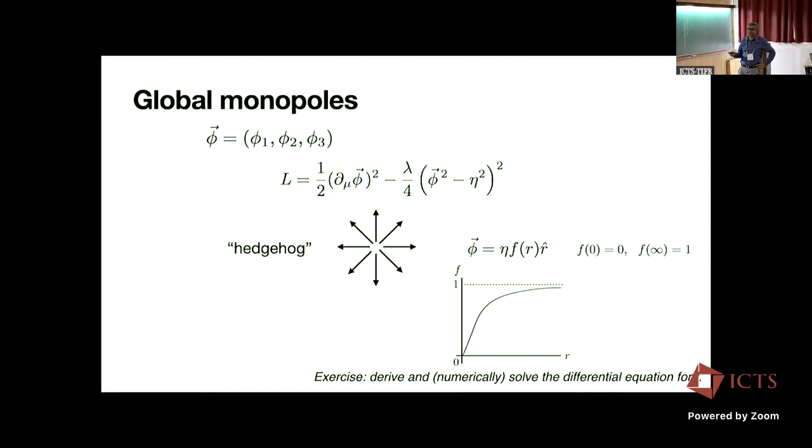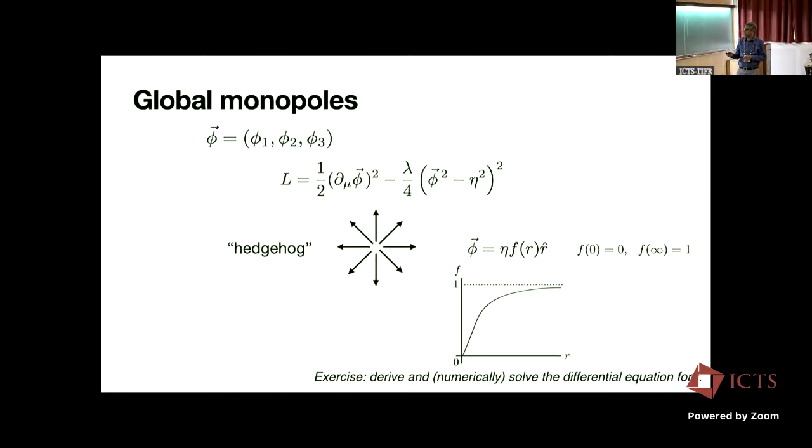That's the constraint coming from the potential. So then you can imagine a situation where the length, which is mod phi, is fixed to be eta, but the direction of phi changes in this hedgehog kind of way, pointing out everywhere.